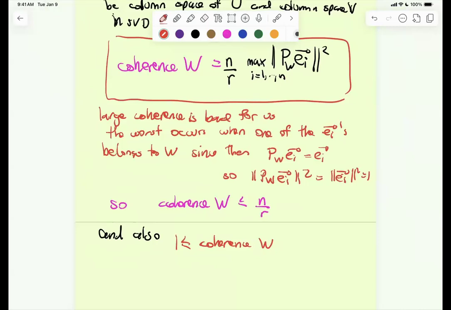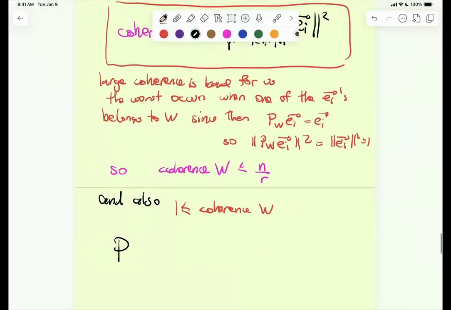So the idea, and just to be a bit more concrete, what I'm saying is that when you project a vector, right, you can always express it as a linear combination of an orthonormal basis of the subspace, right?